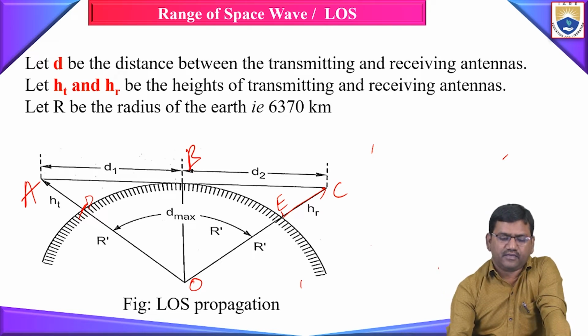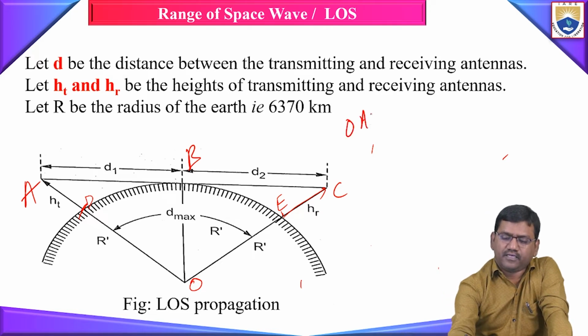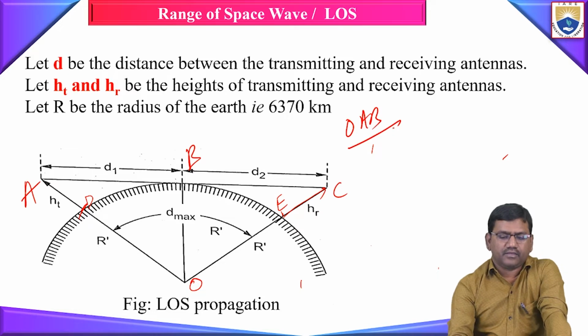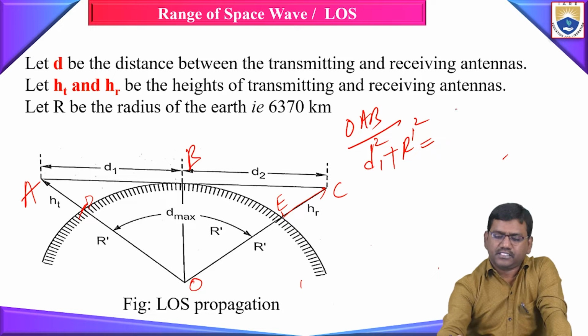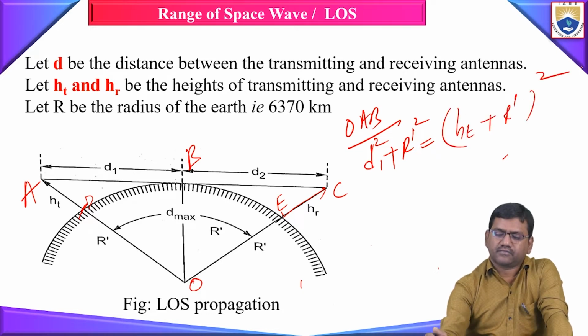Here, from the triangle OAB, we can write d1 square plus R dash square is equal to HT plus R dash whole square.